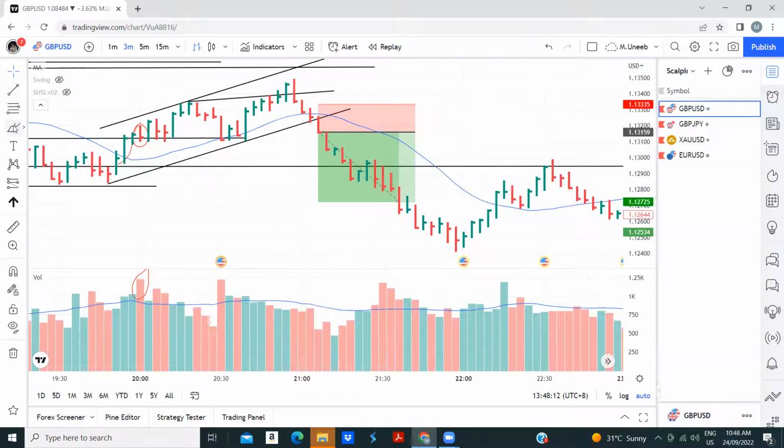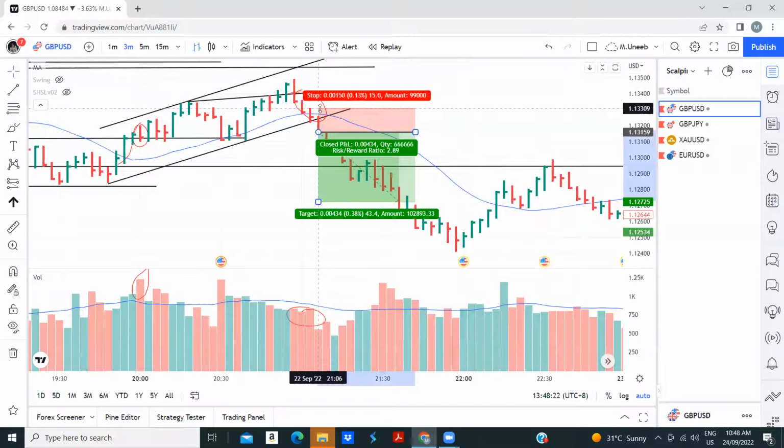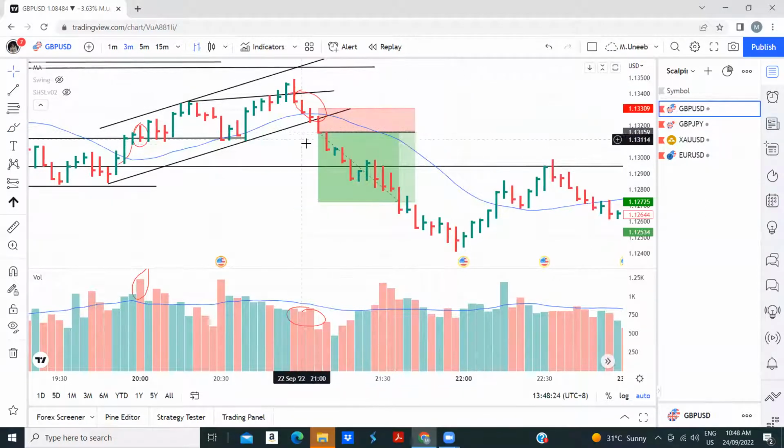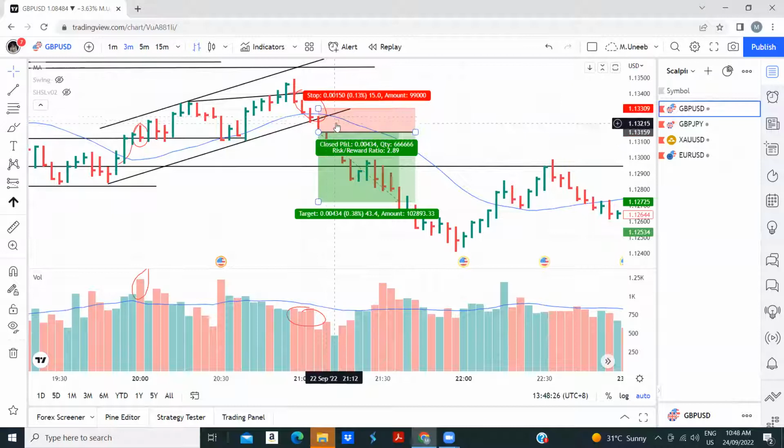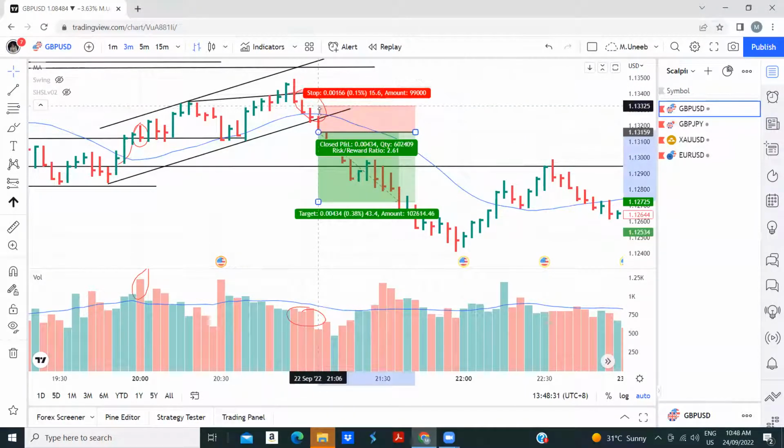The previous one, as you can see here, good volume. You can just take the trade on the break of this and place your stop loss right over here. The price might go somewhat here, test this region and then come back, but it will not hit your stop loss. So make sure you place your stop loss above the high of the last bar. Got it?